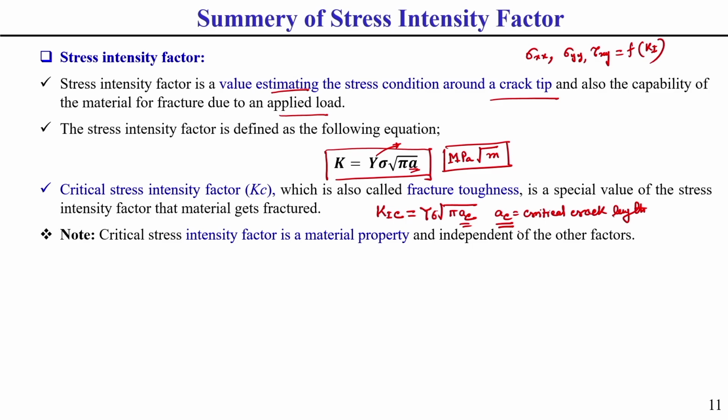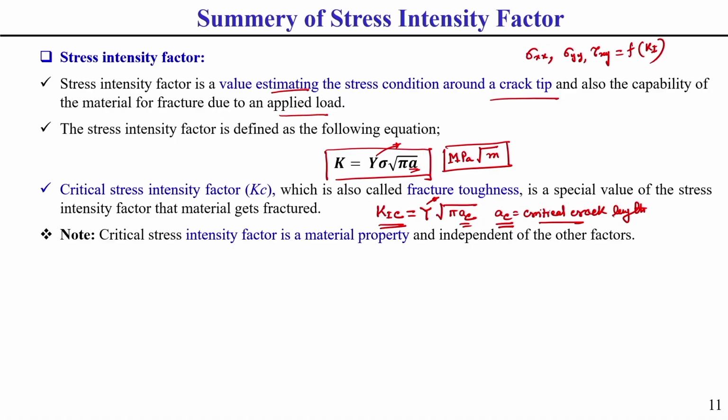So, at this critical crack length, whatever stress intensity factor KIC we get, this has a name: it is called fracture toughness.